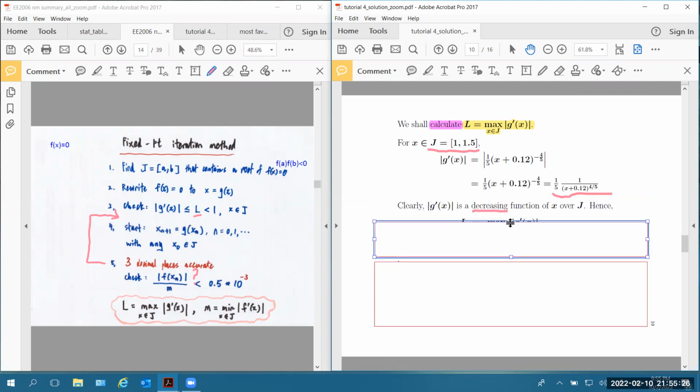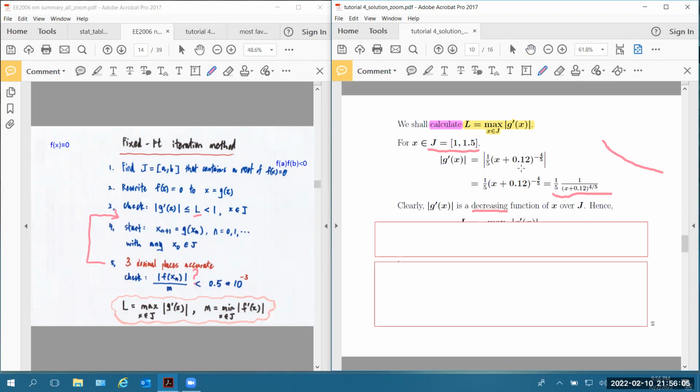So actually, we call this kind of function a decreasing function of X. Decreasing function of X, meaning that as X increases, the value of the function actually decreases. Maybe I draw, then it'll be clearer. This is a decreasing function in X.